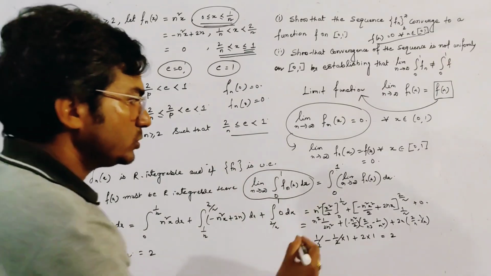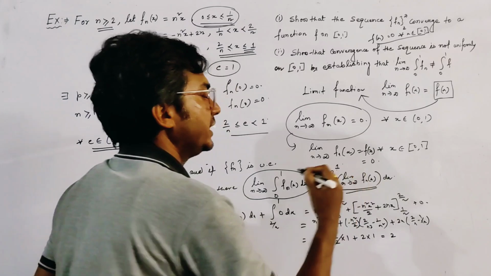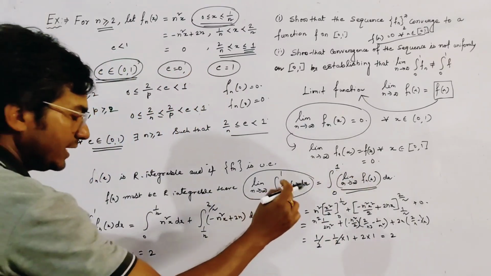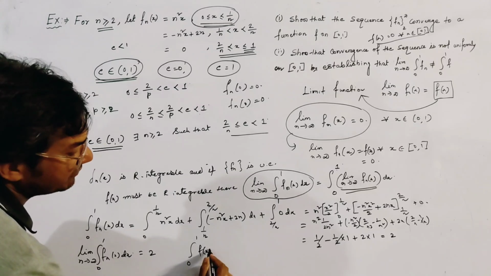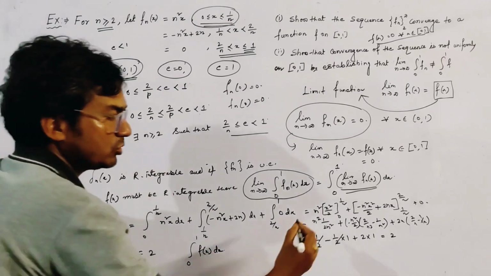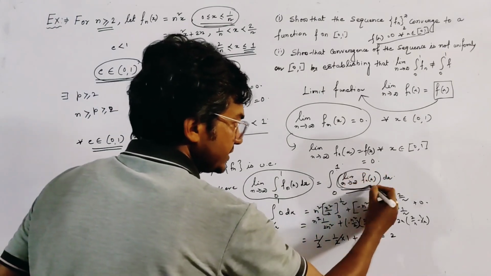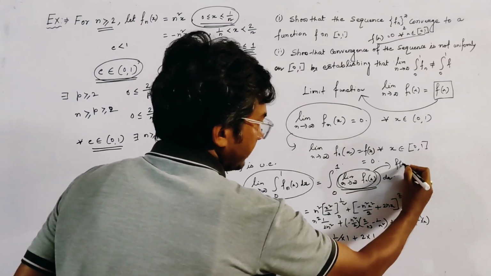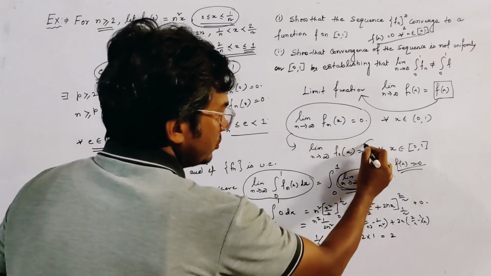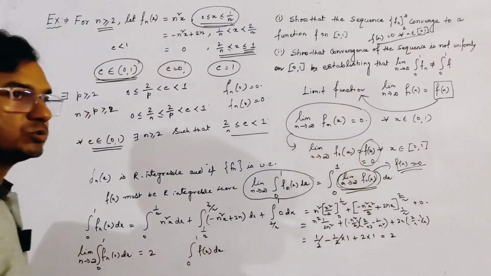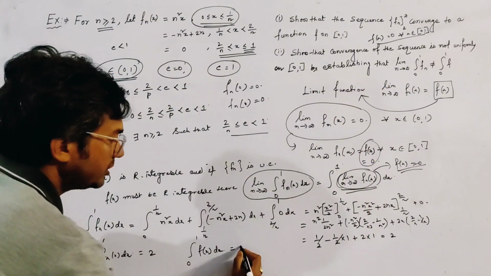Now we go to the right side, the integration 0 to 1 of f(x) dx, because the limit n tends to infinity of fn(x) is the limit function f(x), and here f(x) is 0 for all x belonging to [0, 1], so the integral is also 0.